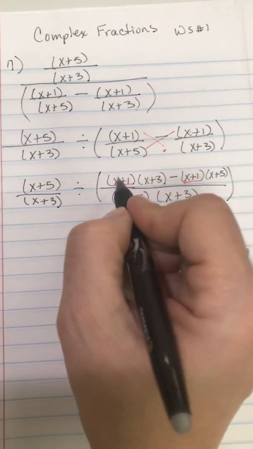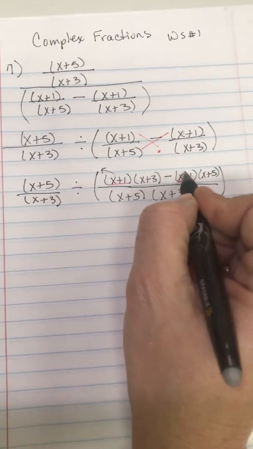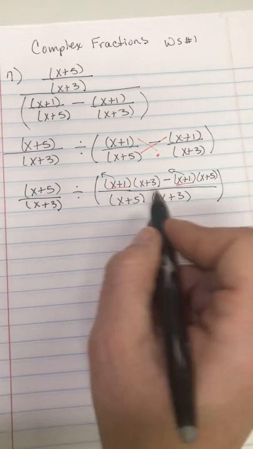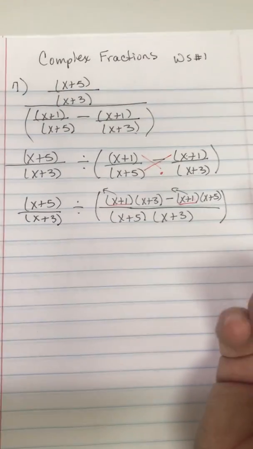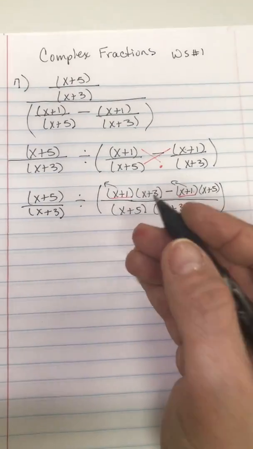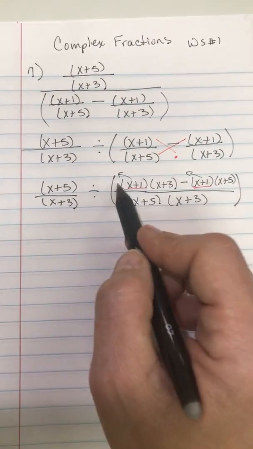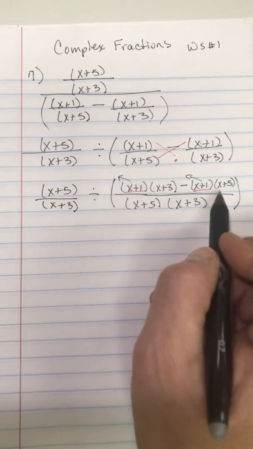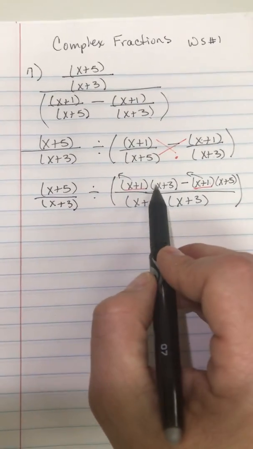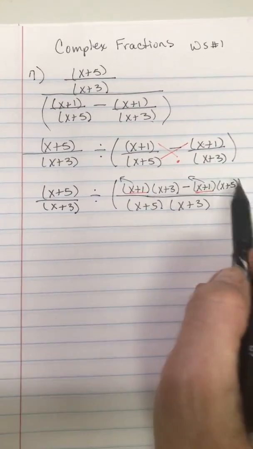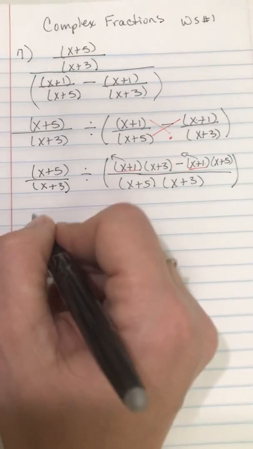So I'm going to factor out an x plus 1, take that out and put it out in front. When we factor out, say, a 2, you put the 2 out in front and you multiply it times what's left. And so we're going to do the same thing with this. So after we factor these out, what's going to be left is x plus 3 minus x plus 5. So let's see what that looks like.